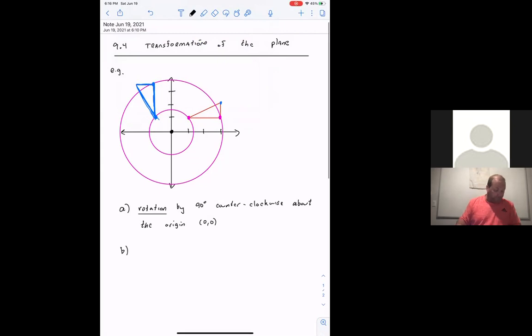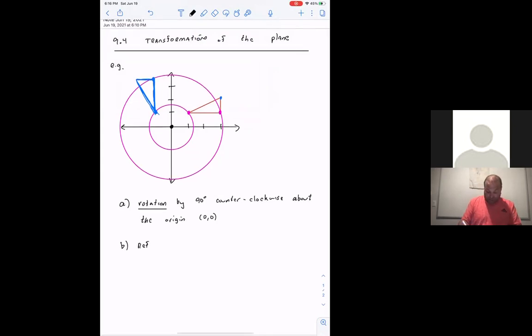The second one is a reflection. A reflection in the line, in this case, the line x equals 0. What is x equals 0? X equals 0 is the y-axis. So we are reflecting this over the y-axis.